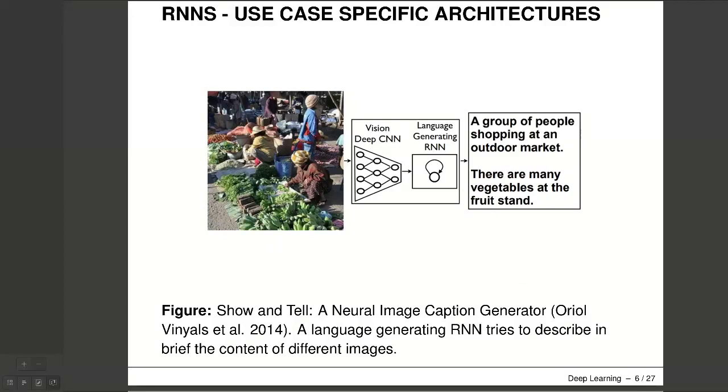The model is trained to maximize the likelihood of the target description sentence given the training images.